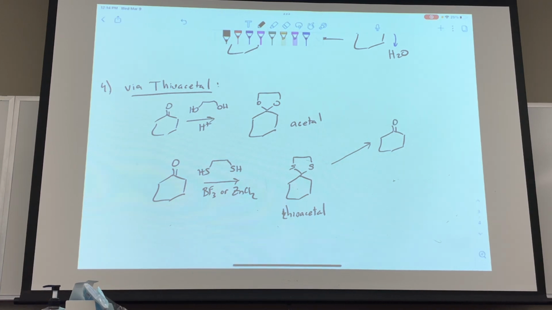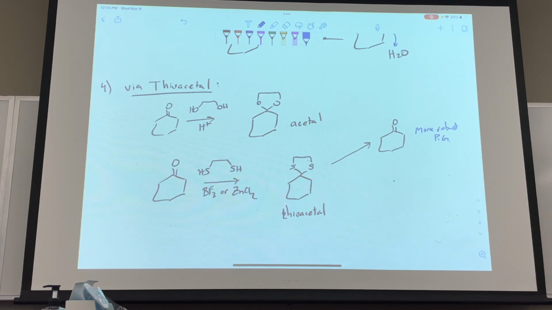The reason you might choose a thioacetal over an acetal is because these are much more robust. They're a much more robust protecting group.